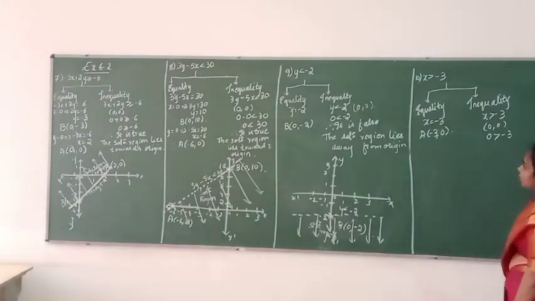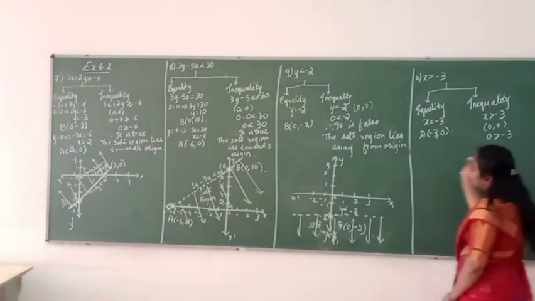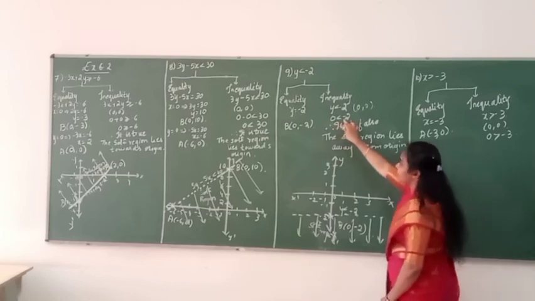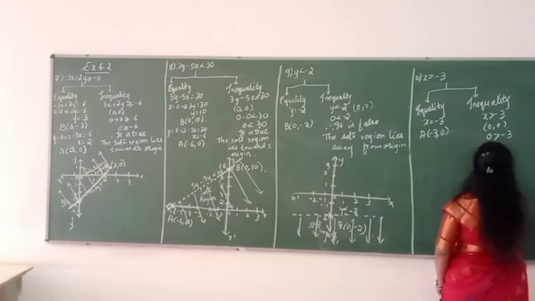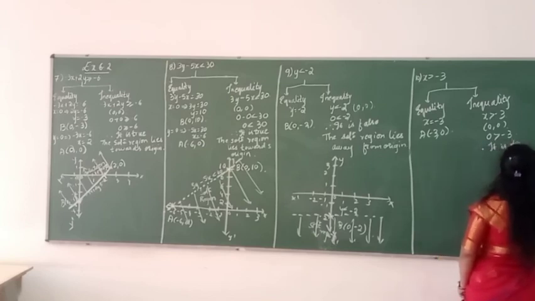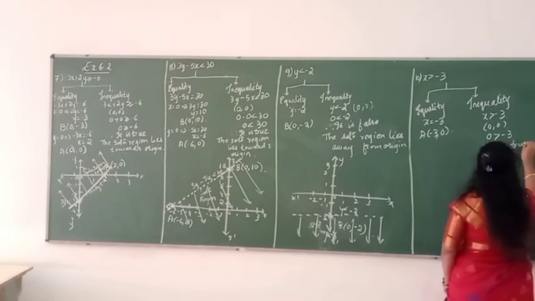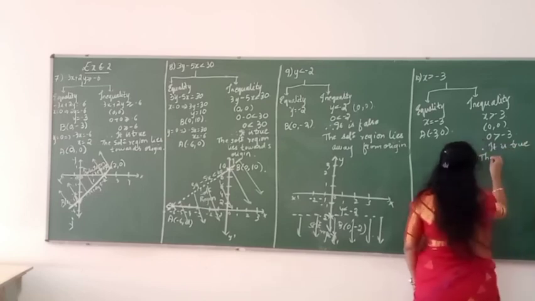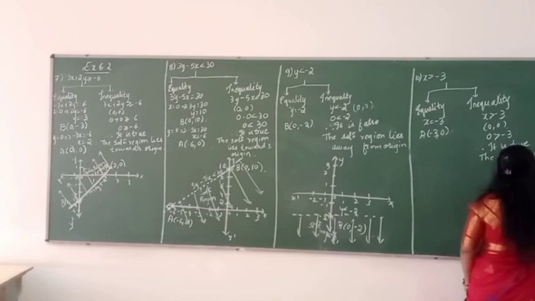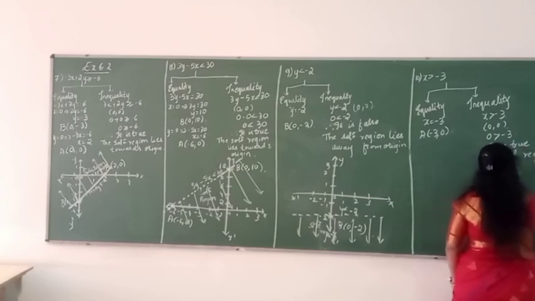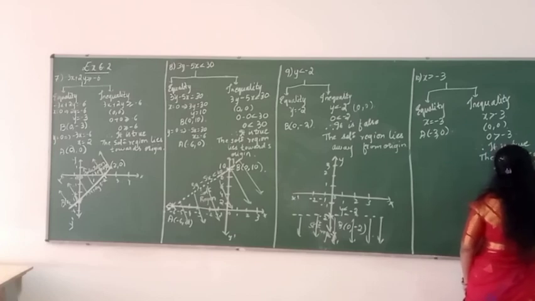Obviously 0 is greater than minus 3. Just compare these two problems. Here 0 is less than minus 2 is false, and here 0 is greater than minus 3 is true. Therefore the solution region lies towards the origin.